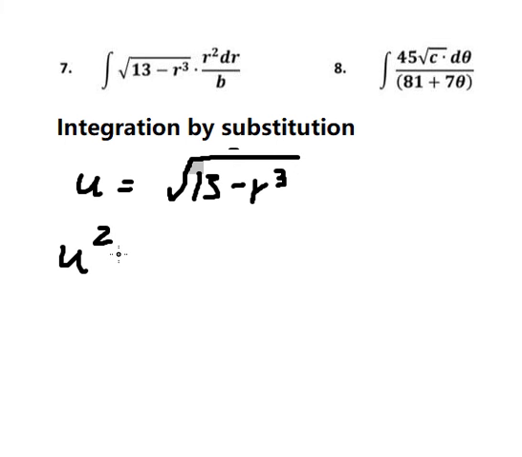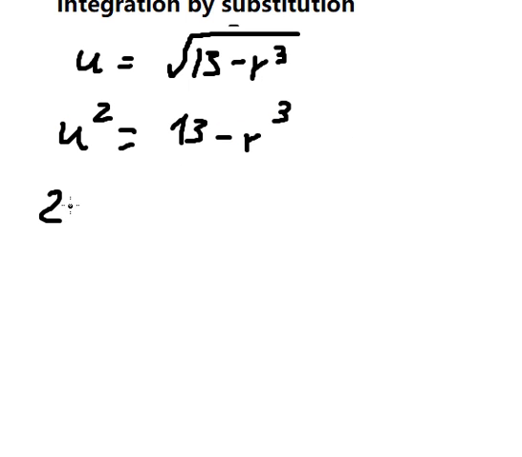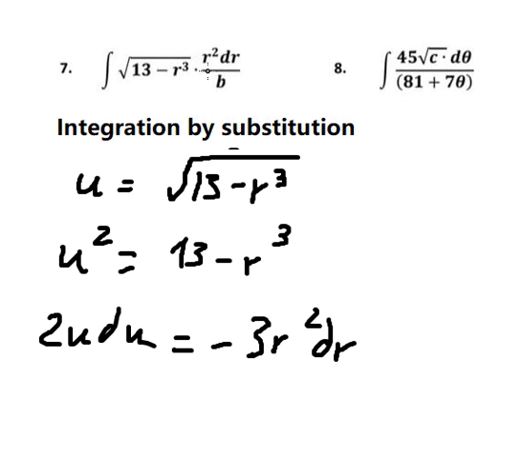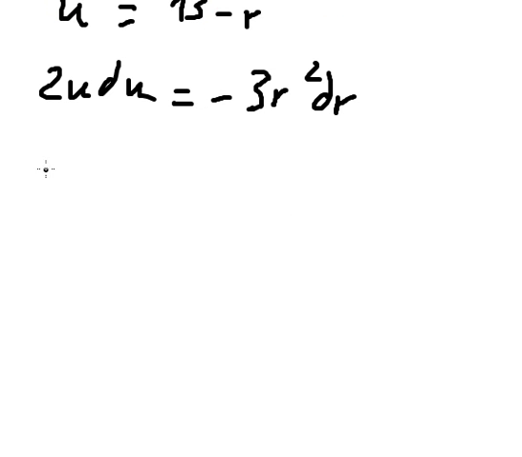We square both sides to cancel the square root. Later, we do first the derivative for both sides. Because we don't have negative number 3, we need to divide both sides by negative number 3.